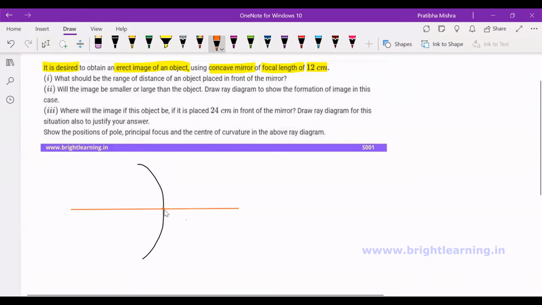So this is the pole of the mirror. I will also draw the reflecting surface of the mirror. This is our concave mirror. This would be the principal axis.